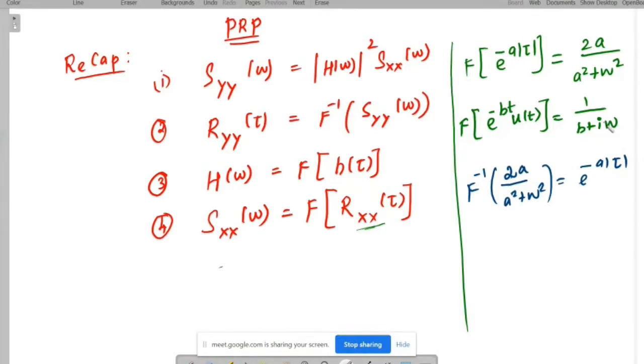So instead of i, sometimes in a question they will give j. So try to understand, you can take both as the same. So the inverse Fourier transform of this value is e power minus a modulus tau, right?